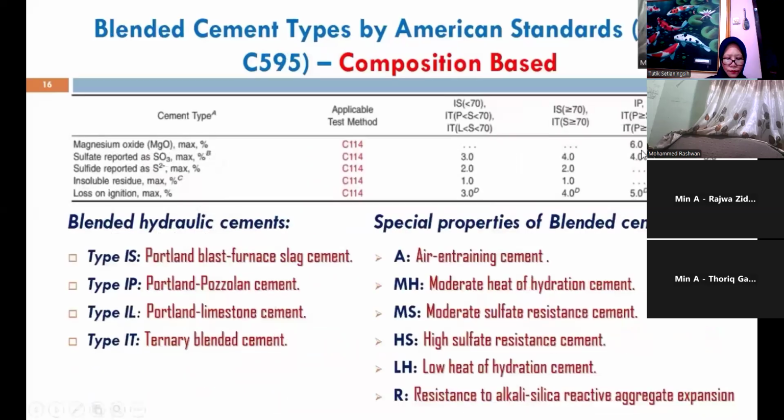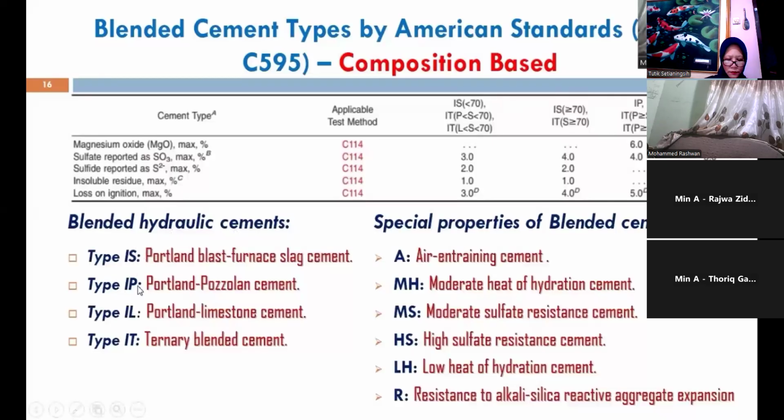Another type of cement is the blended hydraulic cement by American Standard C595, based on composition. There are four main types of blended hydraulic cement according to composition. Type IS is Portland cement mixed with blast furnace slag, so S is the slag cement.